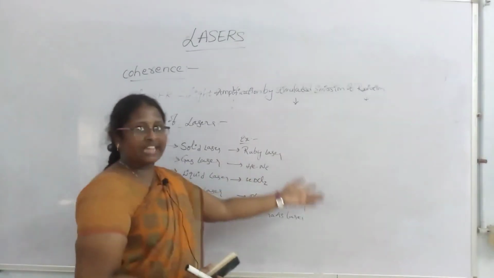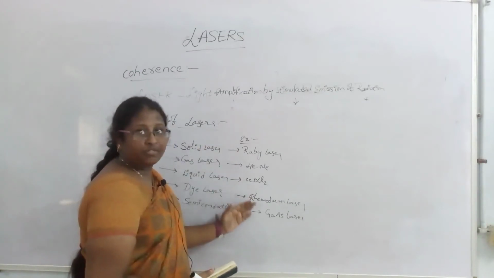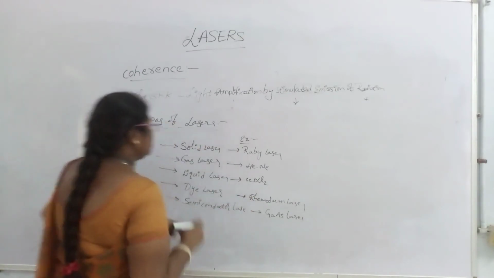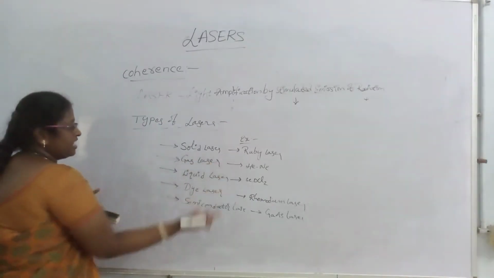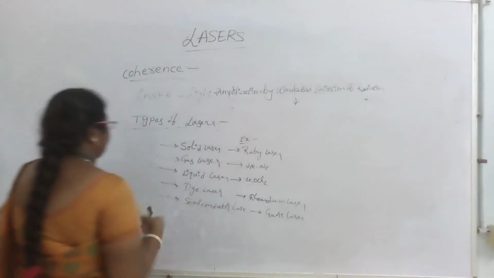There are some more examples, but mainly we use these types of lasers for different purposes. That's why we are explaining ruby laser, helium neon laser and other lasers.